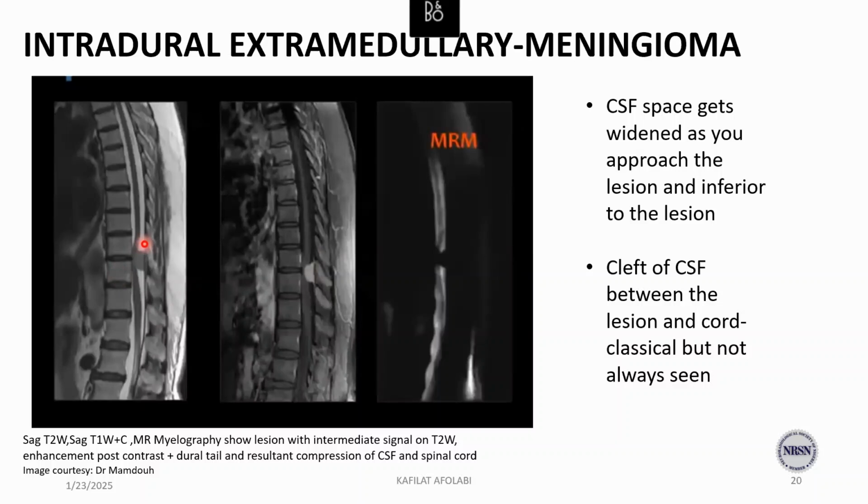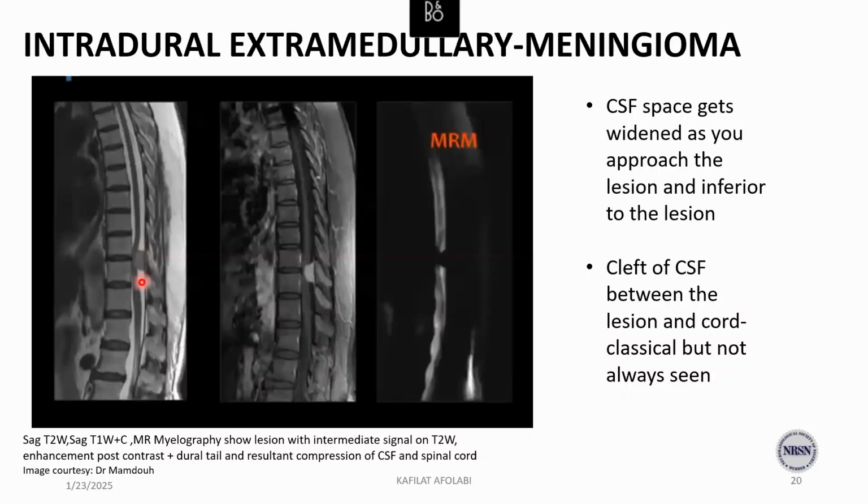This looks quite straightforward, but for every case it may not be so. To be sure that a lesion is intradural and extramedullary, you look at the CSF surrounding the cord above the level of the lesion. You can see that the CSF space is almost of uniform caliber, but as we approach the lesion, we see slight widening of the CSF space just superior to it.